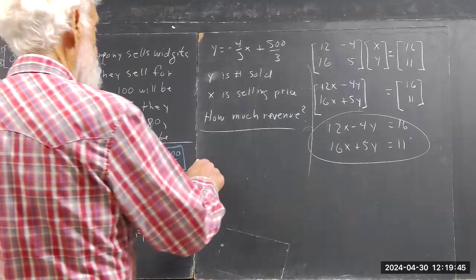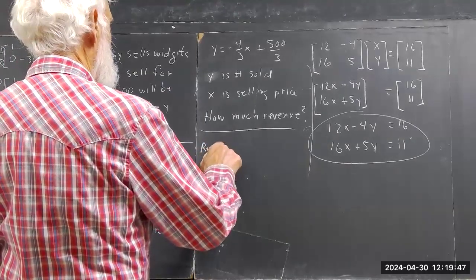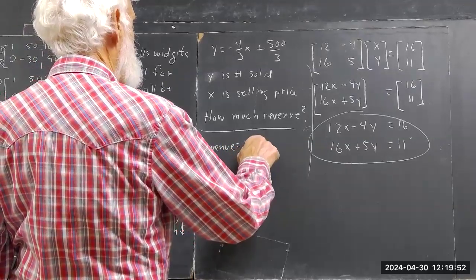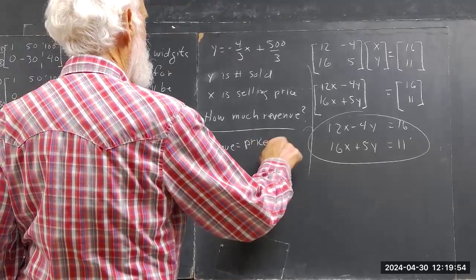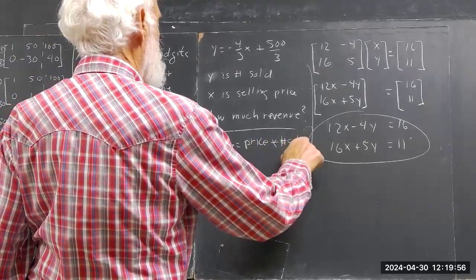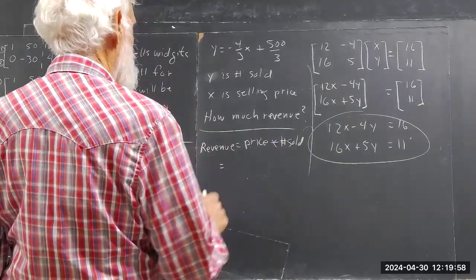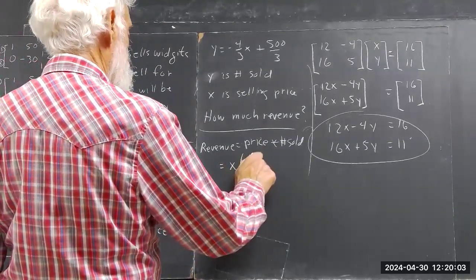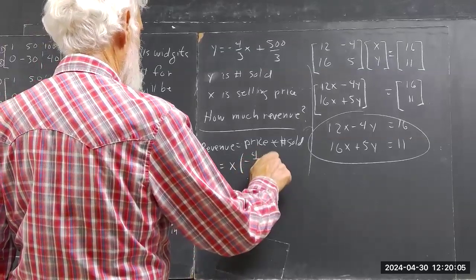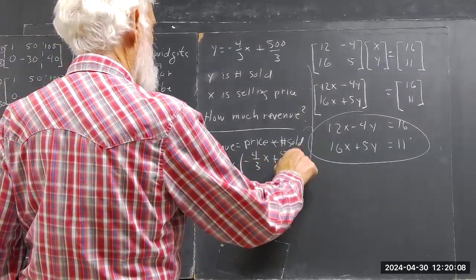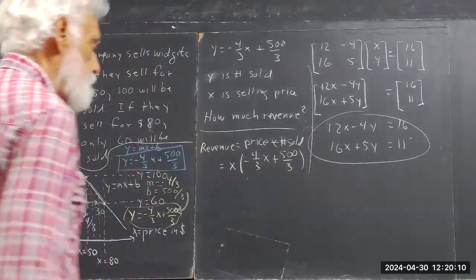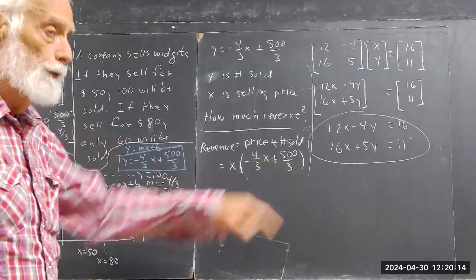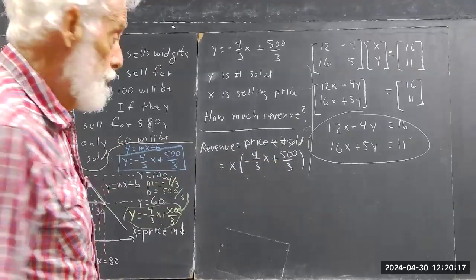So revenue is the price times the number sold. In this case, the price is X. And we multiply that by the number sold, which is Y, which is negative 4/3 X plus 500/3.